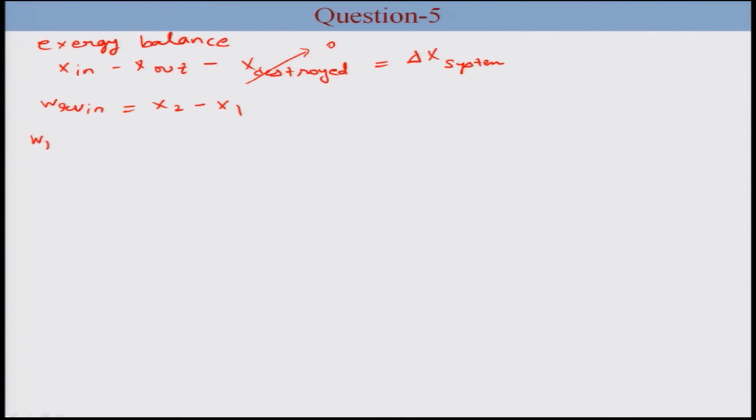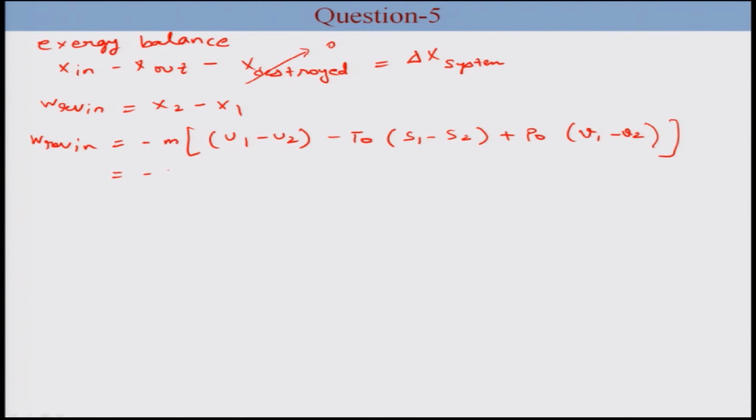So work reversible input is equal to minus m [(U1 minus U2) minus T0 (S1 minus S2) plus P0 (V1 minus V2)].